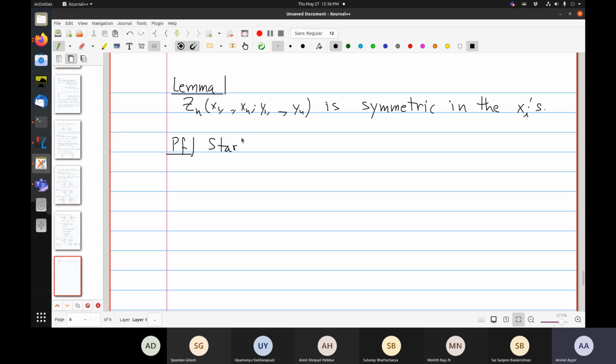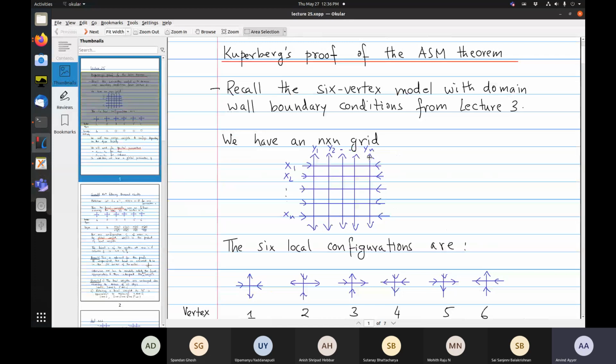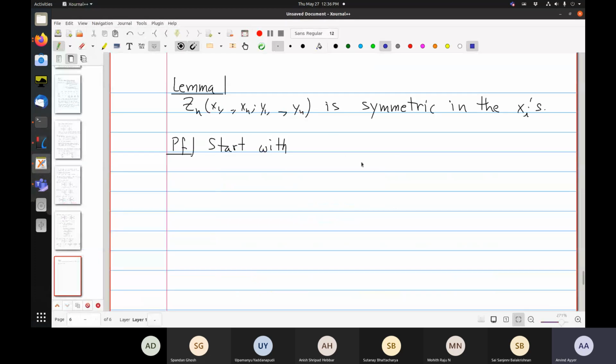We start, as usual, with this configuration: x1, x2, xn, y1 to yn, outwards vertically, inwards horizontally, remember.